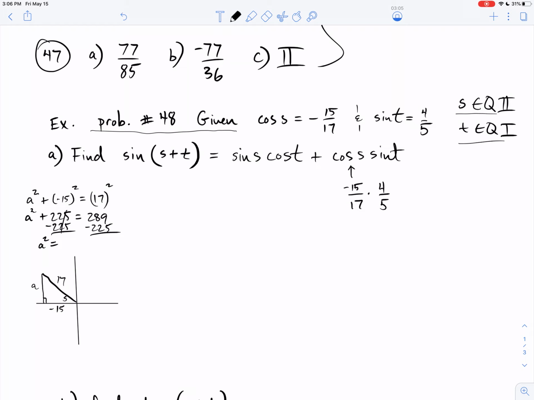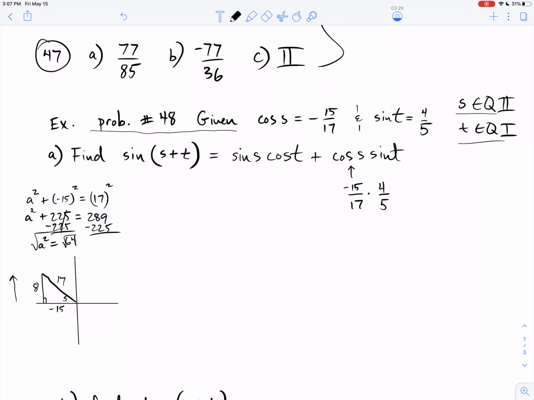That's 64. Oh, well, that's convenient. Hey, I could take the square root, and I get plus or minus 8, but I'm on the positive side of the y-axis here. So I'm going to take that a, erase it, and make it an 8.